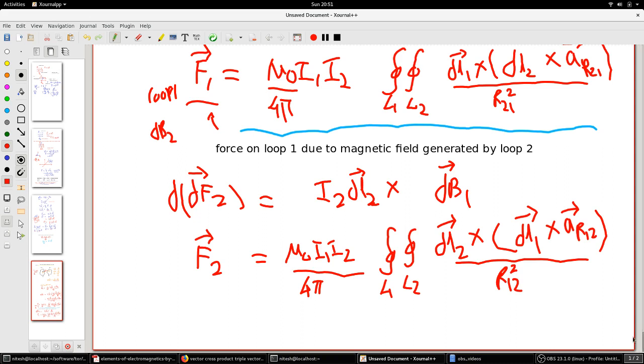One thing we can notice is this is the same as minus F1.